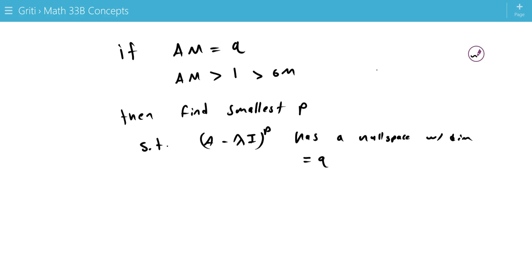So we want the dimension of the null space, or the geometric multiplicity in a sense, to equal our algebraic multiplicity.